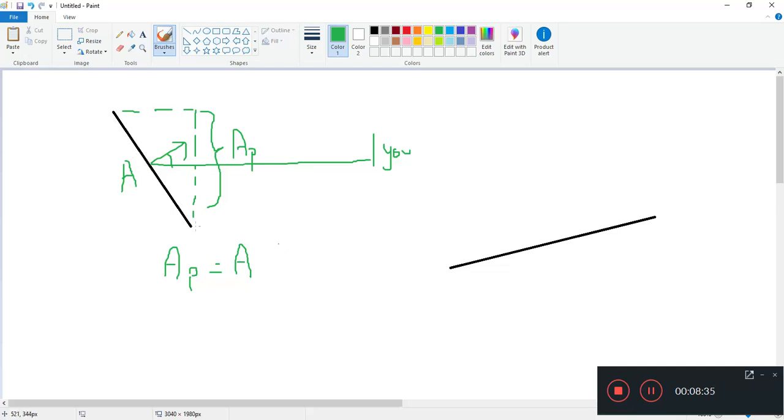Then you have to find this AP here. What is the relation? If this angle is called theta, then AP is just A cos theta, right? Because this will be theta, you just take the cosine of that to find AP. Now that's a very, very simple thing. However, this only works for 2D.